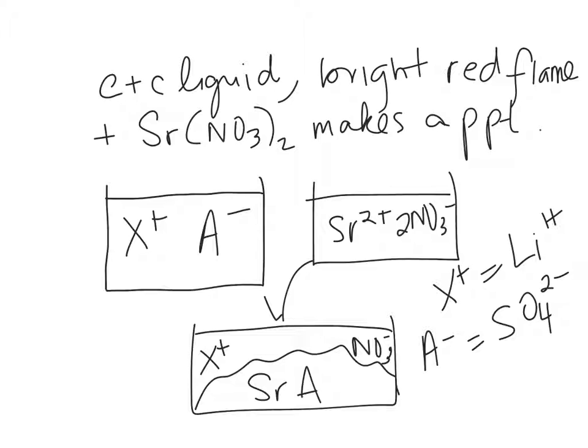Cannot be S2 minus. Why not? Look at the top. Group 2 metals are soluble. Strontium's a group 2 metal. Got to look at both top and bottom.